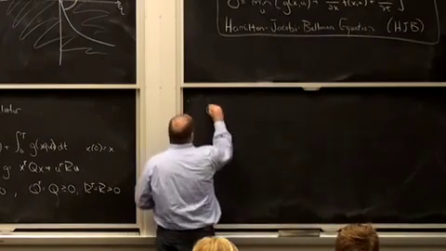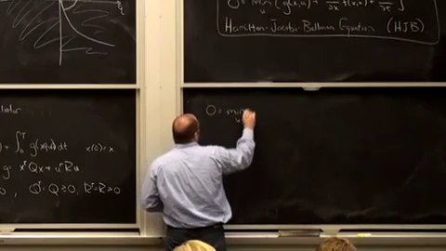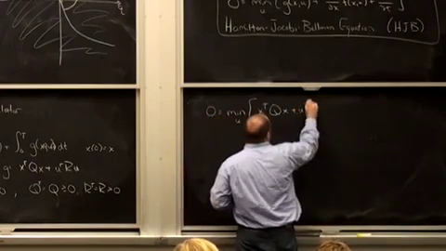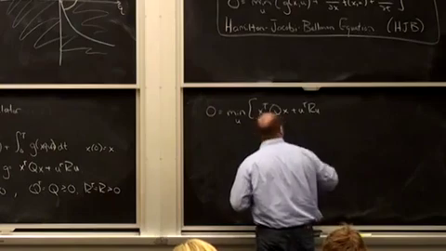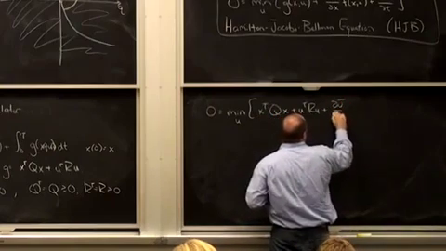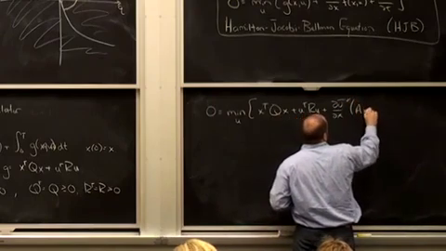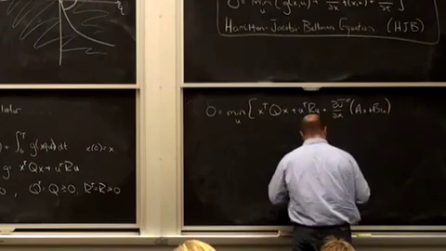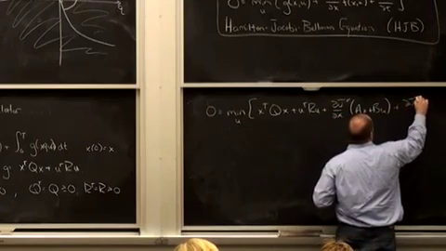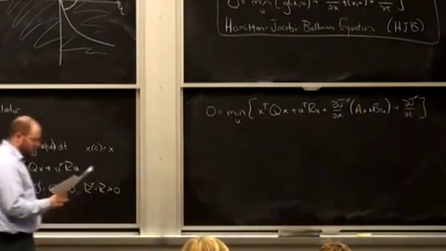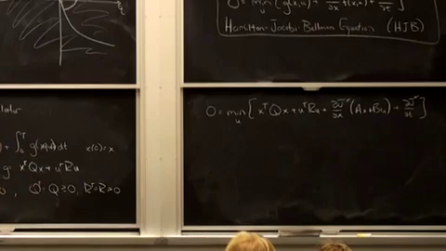So 0 equals min over u of x transpose Qx plus u transpose Ru plus partial J star partial x times Ax plus Bu, plus partial J star partial t. That had better equal 0. So I need to find that cost-to-go function which makes this thing 0.